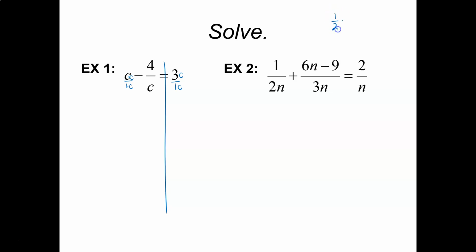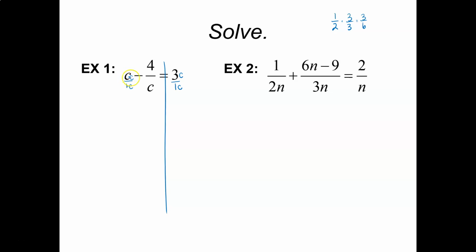If I had 1/2 and I multiplied it by 3 over 3, that would be 3 over 6, which still equals 1/2, right? So we can multiply a fraction by anything as long as we multiply that same thing in the top and the bottom.